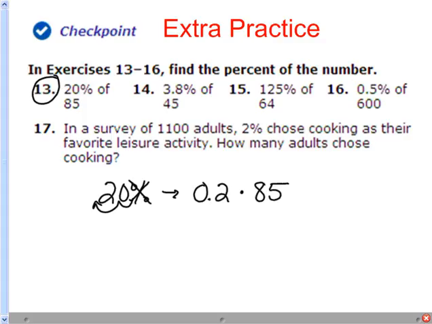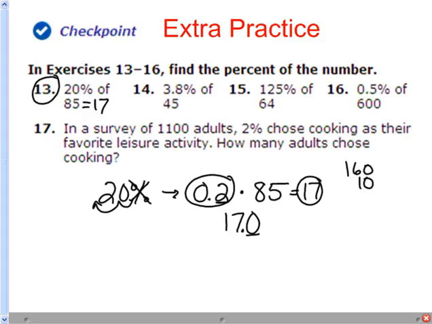So I'm going to just do 2 times 85 first and then worry about the decimal placement afterwards. 2 85s stuck together. Let's see, 80 and 80 is 160. 5 and 5 is 10. So that's 170. But there's one decimal place in my original problem, so I'm going to have to back up 1. The answer to that multiplication is 17. So going back to my original question, 20% of 85 is 17.